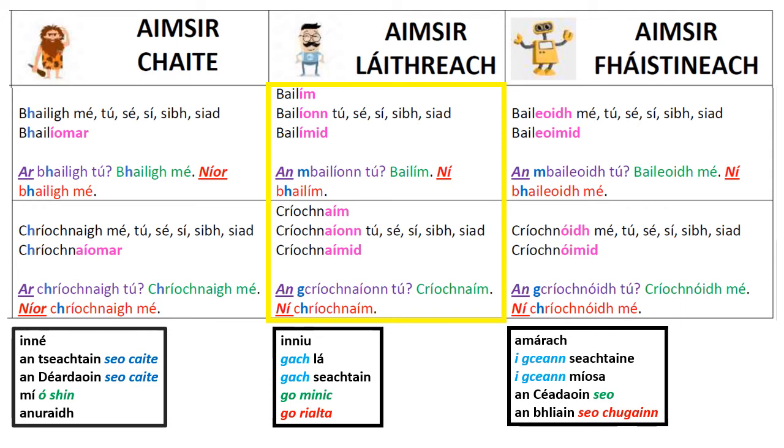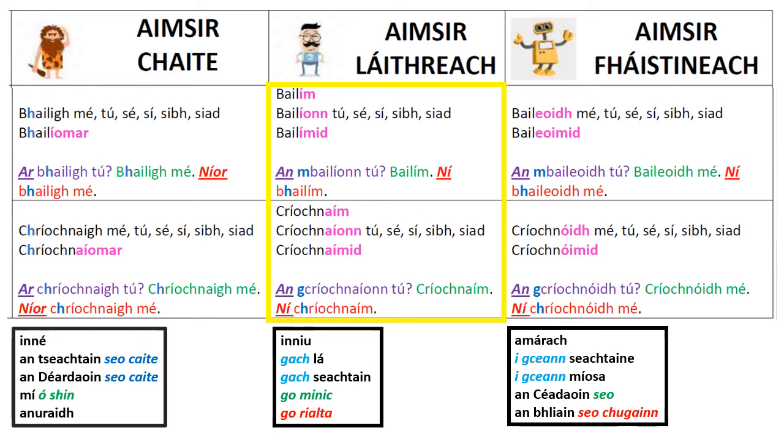Let's have a look at our ending for you, he, she, everyone else. It's ian, balian and creeknian. In our Cade Reimnus, it was just an. And now it's ian.